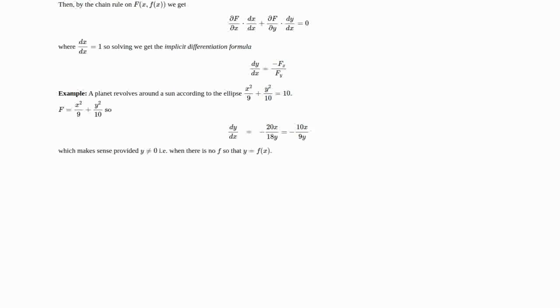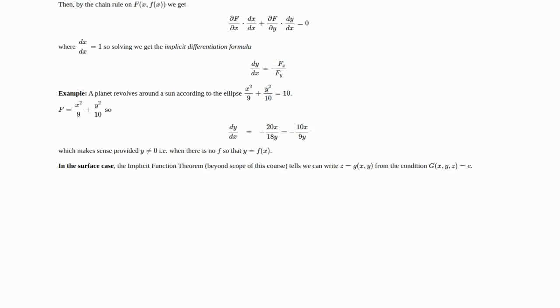And this makes sense provided y is not equal to 0, which means that there is such an f so that y is equal to f(x). As we know already from high school, if the slope of the curve becomes infinite, there is no function. Otherwise there is. In the surface case, where you have two independent variables, we need to know when does the function have an inverse.